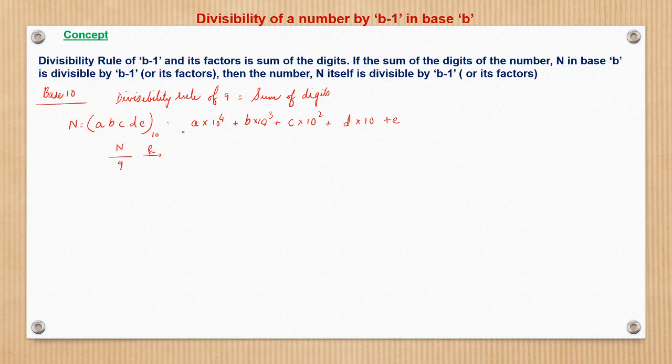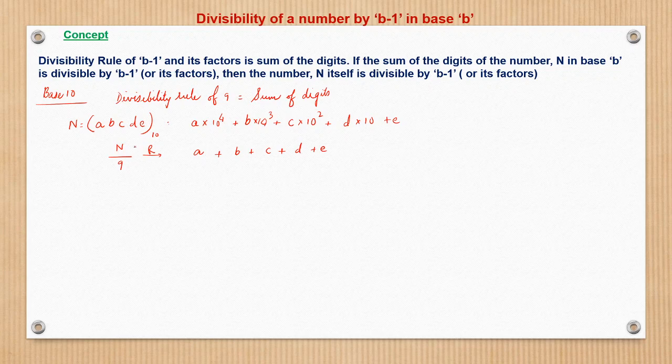The remainder would come from the respective terms, a into 10 raised to power 4 and b into 10 raised to power 3, when divided by 9. Now we know that 10 divided by 9 gives a remainder 1. So by the remainder theorem which we have seen in the previous discussions, here the remainder would be a, here the remainder would be b, here the remainder would be c, and so on.